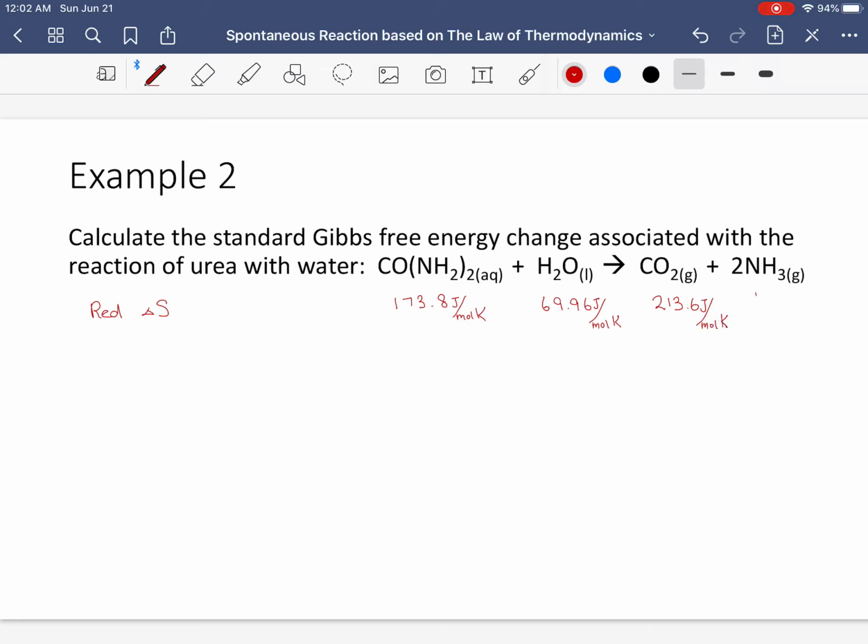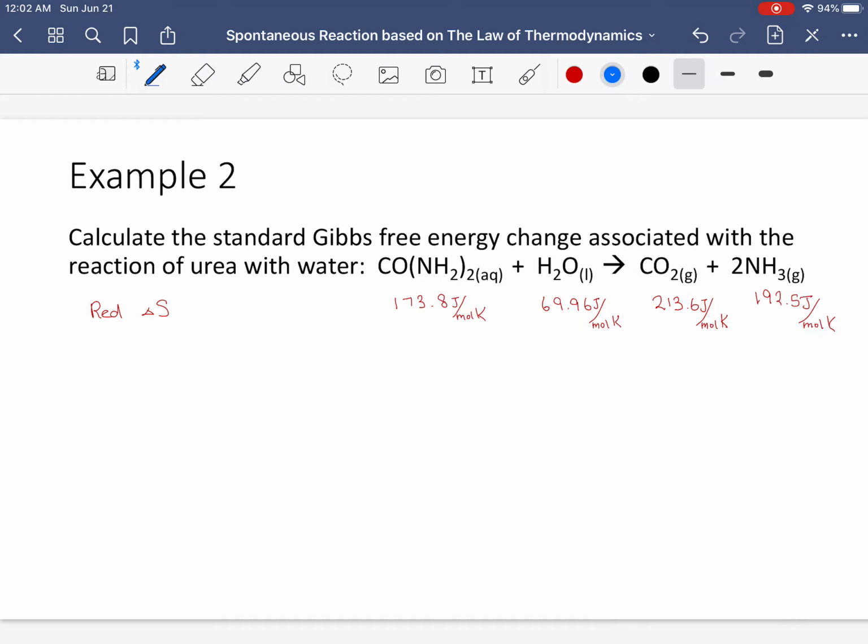And ammonia is 192.5 joules per mole Kelvin. Okay? I hope I got everything right. Imagine if I give you the wrong number and you keep getting the wrong answer.